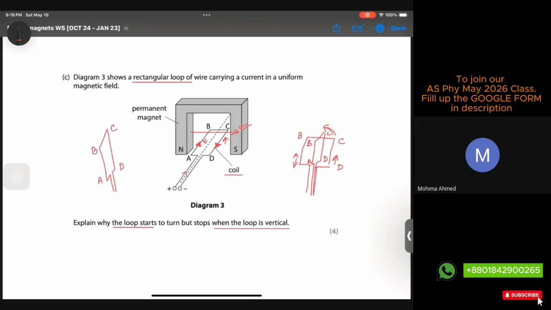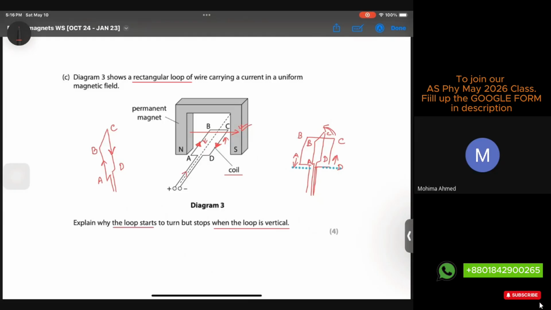If that's the case, the current is still moving in the upward direction for AB and the downward direction for CD. Whenever the loop becomes vertical, the magnetic field of the loop and the permanent magnet's magnetic field are going to be parallel to each other. They will not cut each other perpendicularly or at any slight angle.